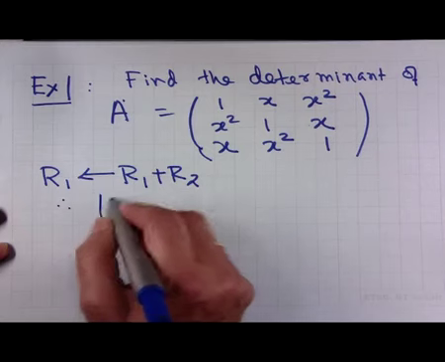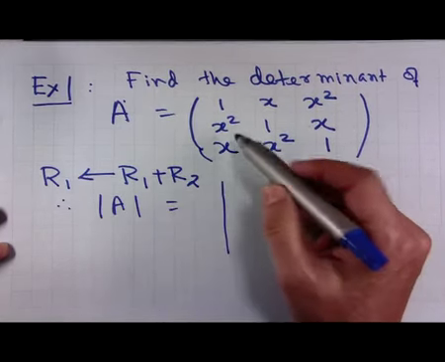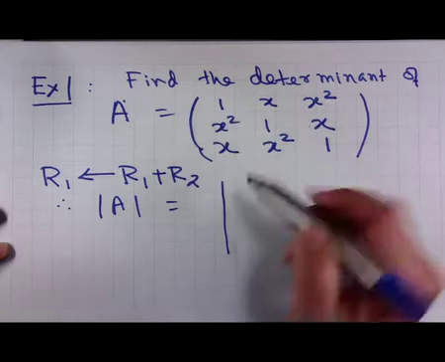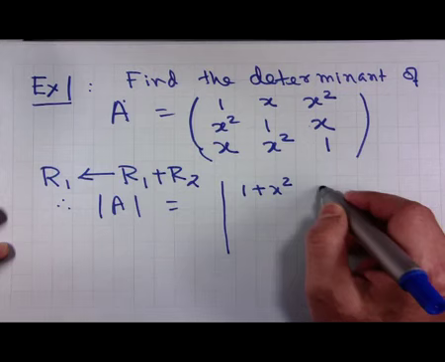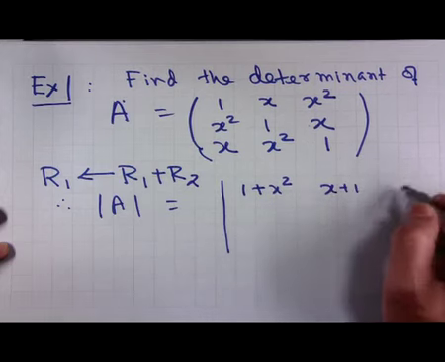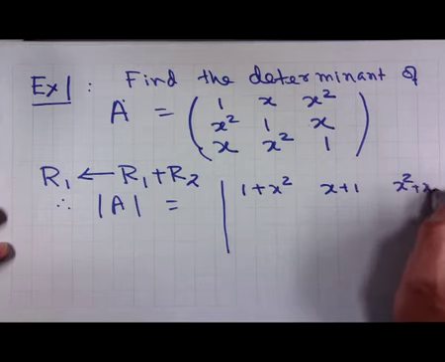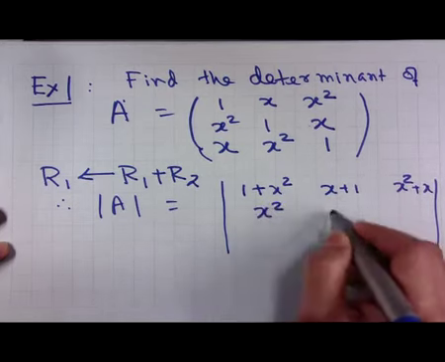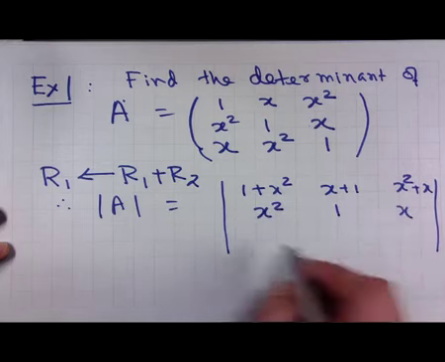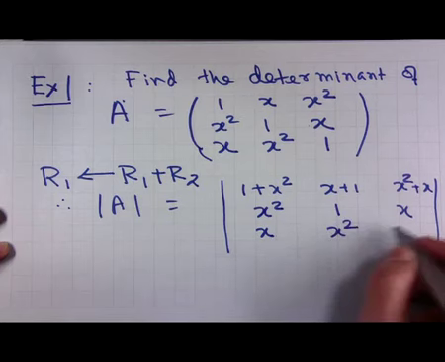Therefore, determinant of A is equal to the determinant of, by adding row 1 and row 2, 1 plus x square, x plus 1, x square plus x. Row 2 remains the same, row 3 also remains the same.